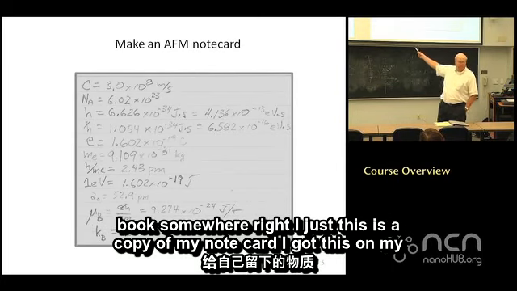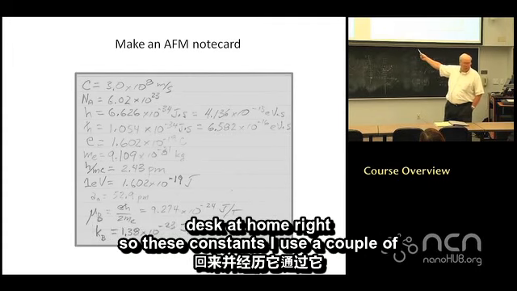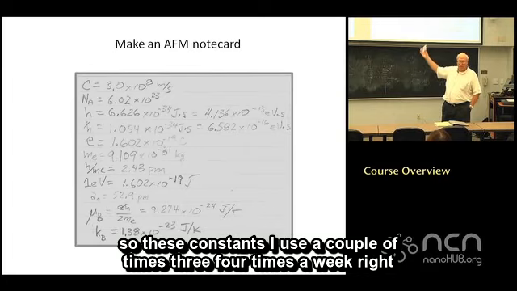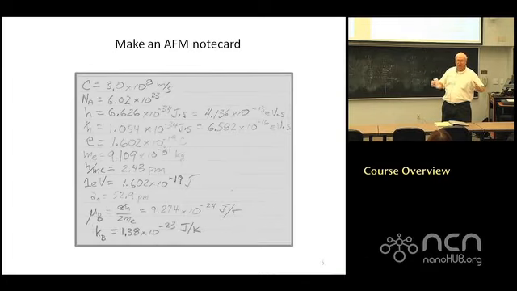I got this on my desk at home. These constants I use a couple times, 3 or 4 times a week. After a while, you can memorize them. There will be similar concepts associated with AFM formulas and AFM concepts that will be derived.